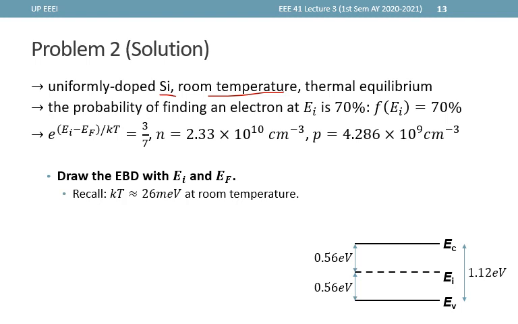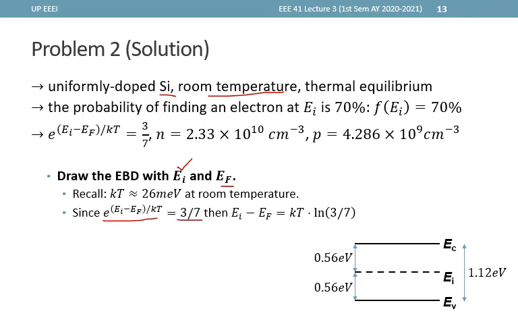And then all we need to locate now is EF. So using the value we have computed, we use ln on both sides of this equation and end up with EI minus EF.